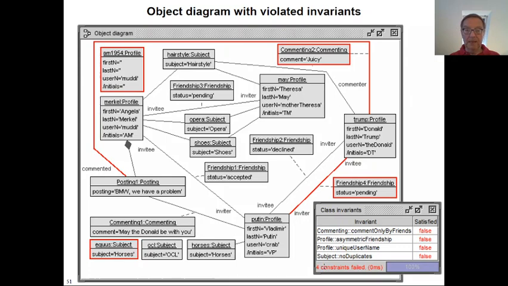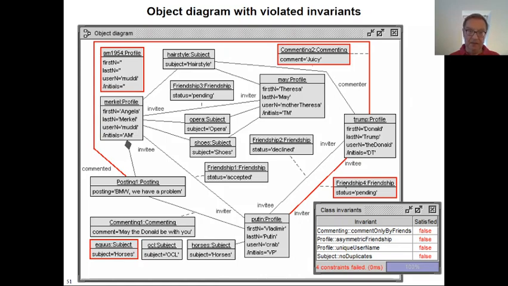So the first invariant fails, comment only by friend. There is only one posting here, and now there was one commenting from Putin on the posting of Merkel, but now there is a second comment here.